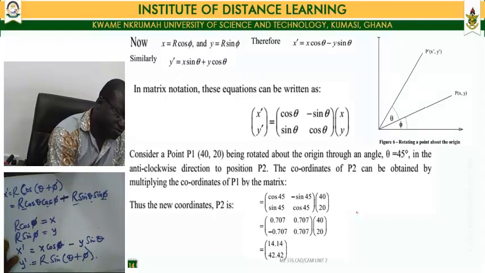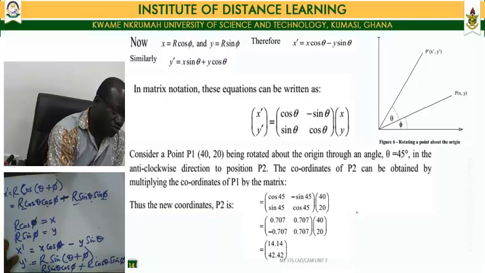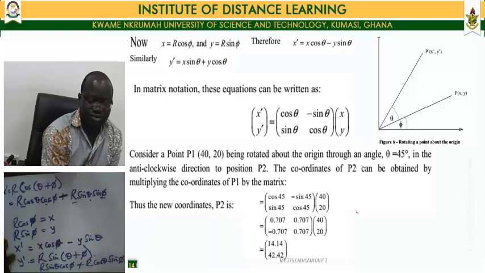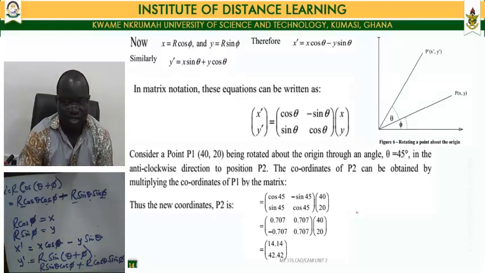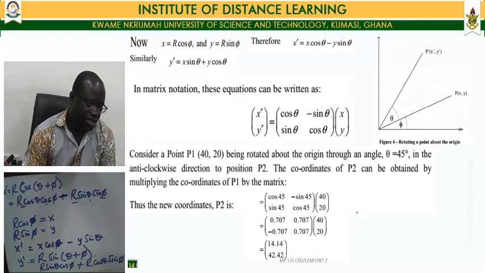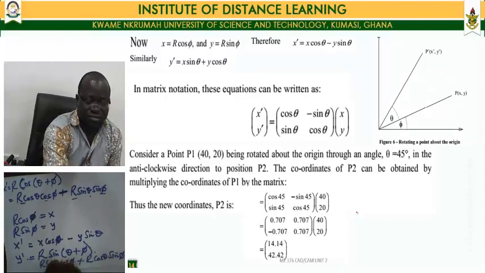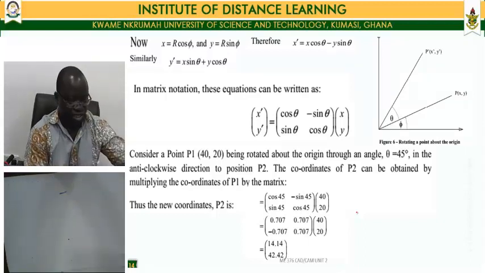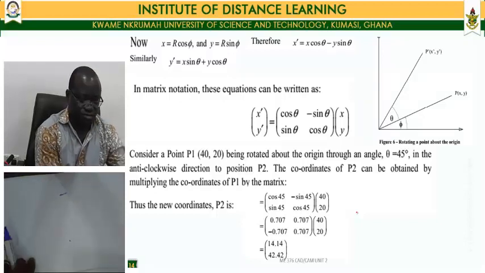This is going to be r sine theta cos phi plus r cos theta sine phi. And if we do the analysis, we also get this value, which is x sine theta plus y cos theta, as you can see here.